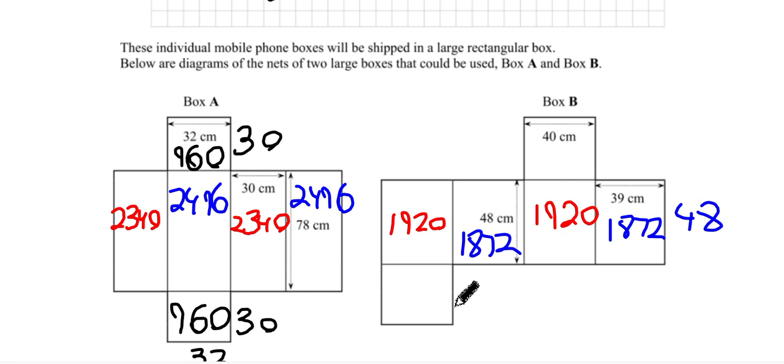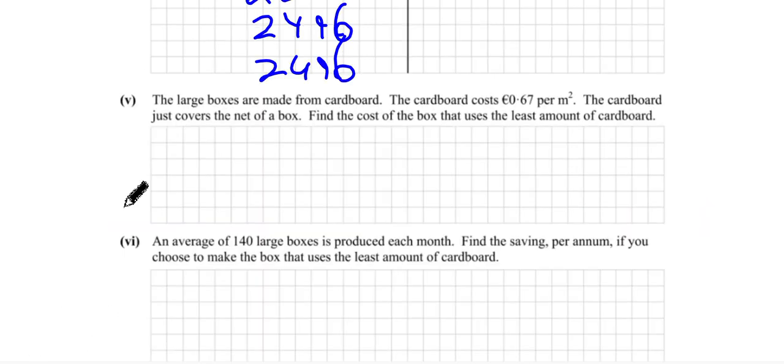We haven't used the 40 and the 39 together yet, have we? So that is in fact 40 by 39. So what's 40 by 39? 1,560.